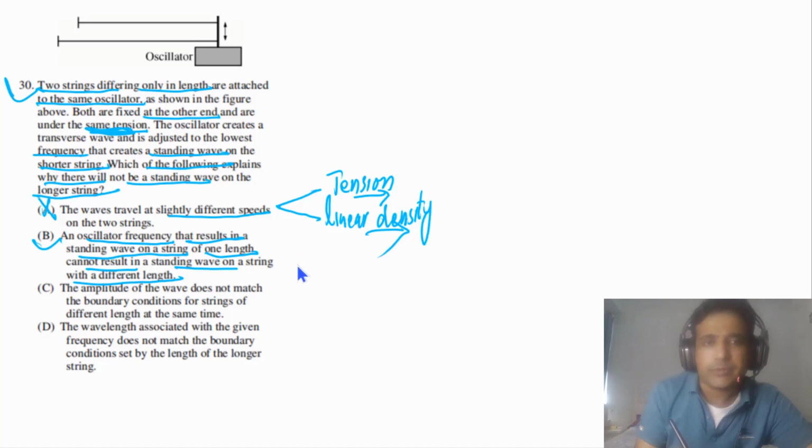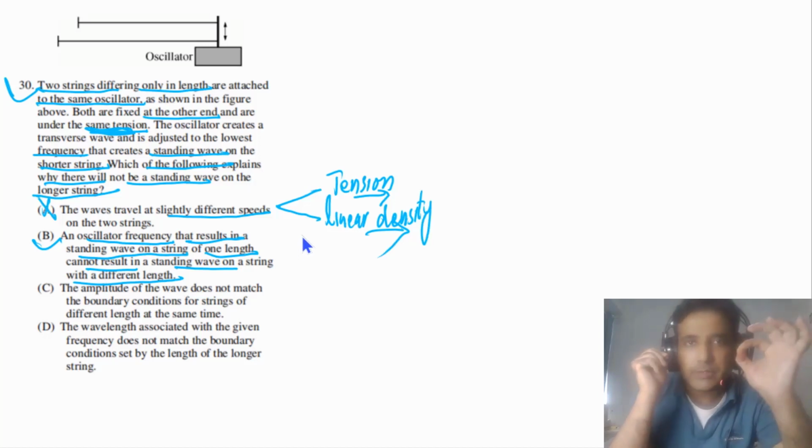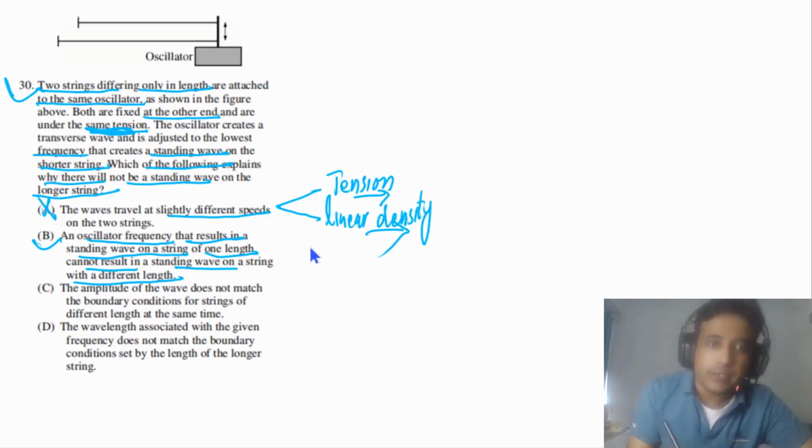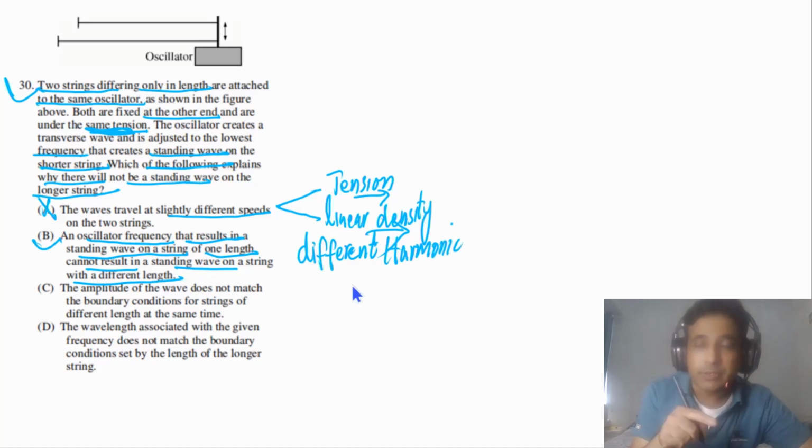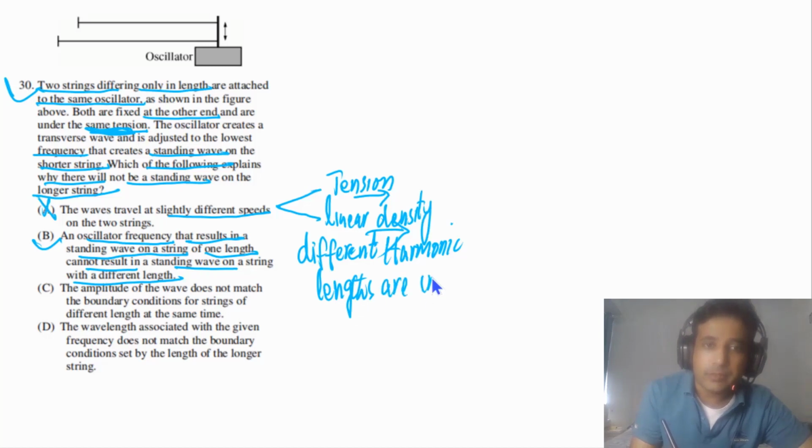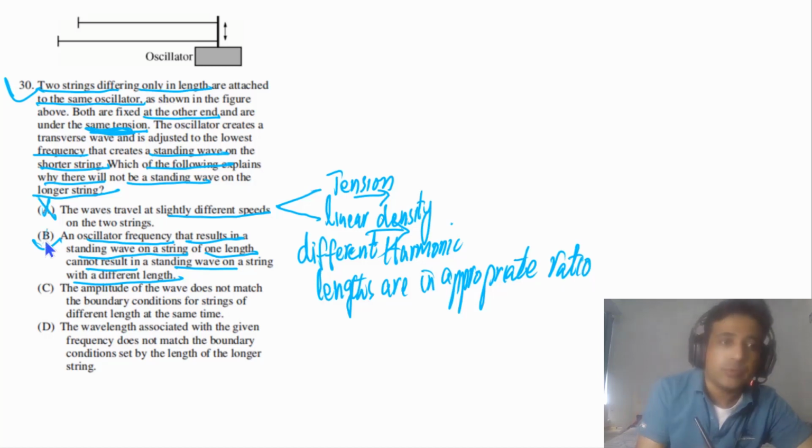This option is also incorrect, because if we can create a standing wave on one string with one frequency, a different harmonic can produce a standing wave on the other string if the lengths of these two strings are in an appropriate ratio, then it is possible. So this is also incorrect.